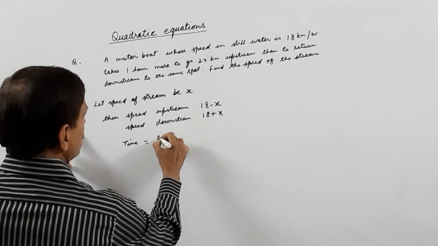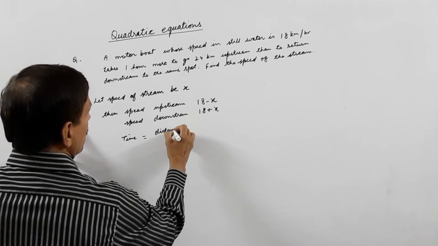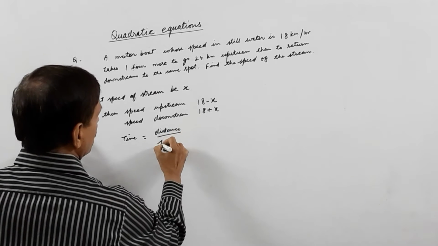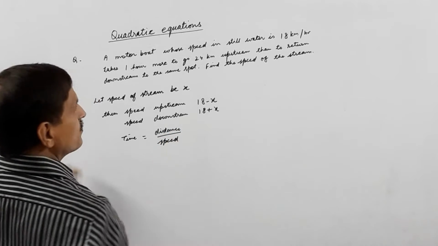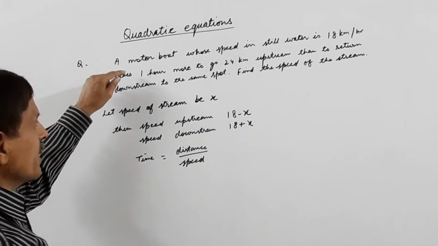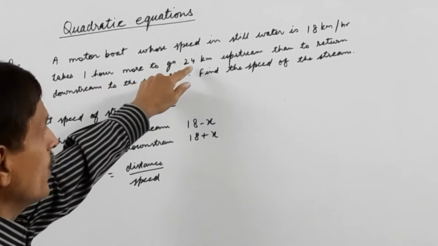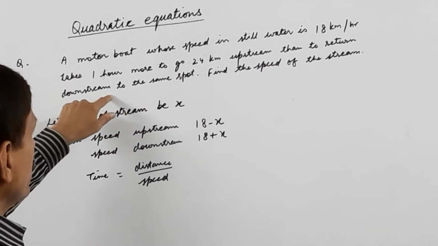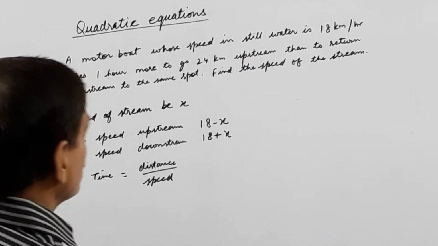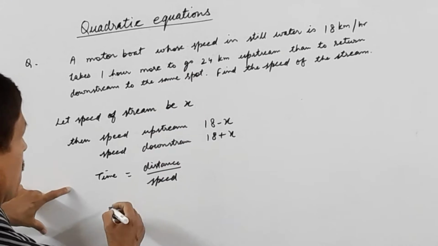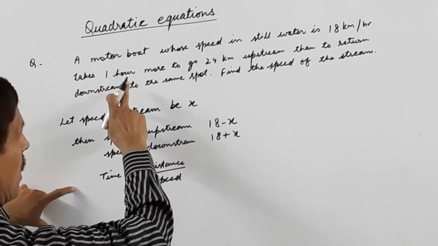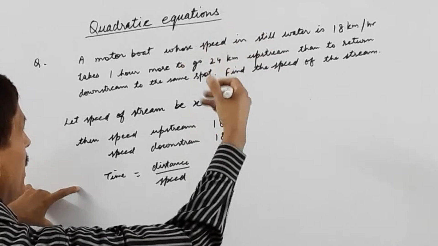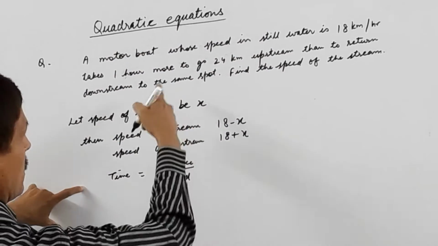Time is equal to distance upon speed, and the boat is taking 1 hour more to go 24 km upstream than to return downstream to the same spot. So the time difference is 1 hour in going upstream and returning back.